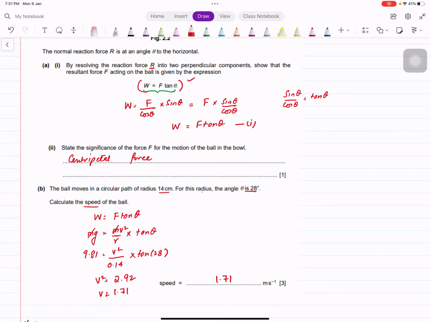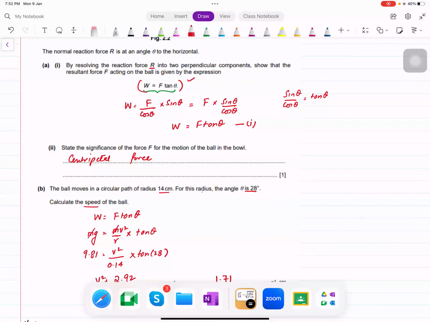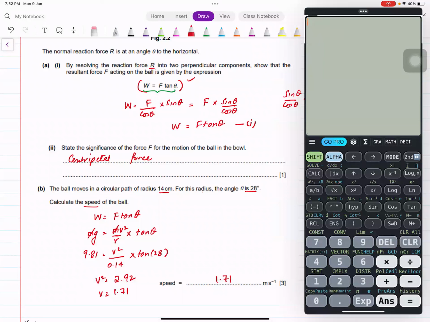Sir, why am I getting 1.6? You're getting 1.6? Oh my God. Let me check my calculator. 9.81 times 0.14, maybe I've written something wrong. Divided by... or maybe it's in radians. It should be in degrees. Oh my God, sorry.